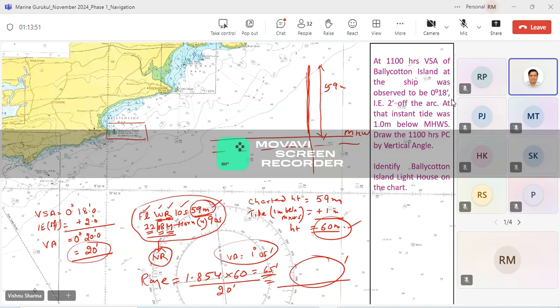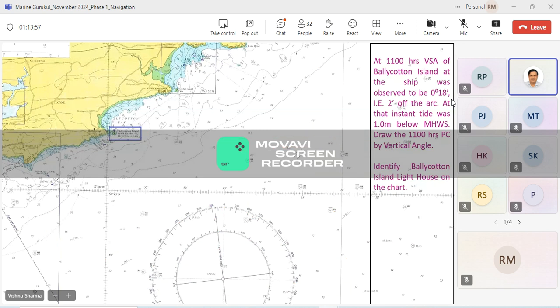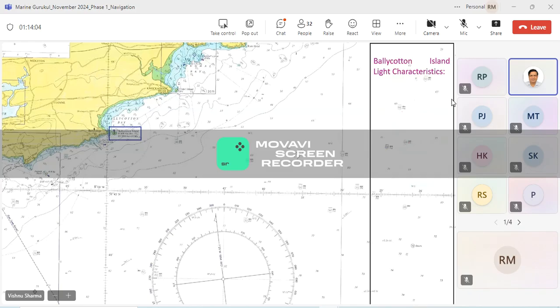So let me show you the slide. Identify the Ballycotton Island light. Calculate the range by vertical angle. Ballycotton Island light characteristics are these; I have already explained it to you. Charted height 59 meters.